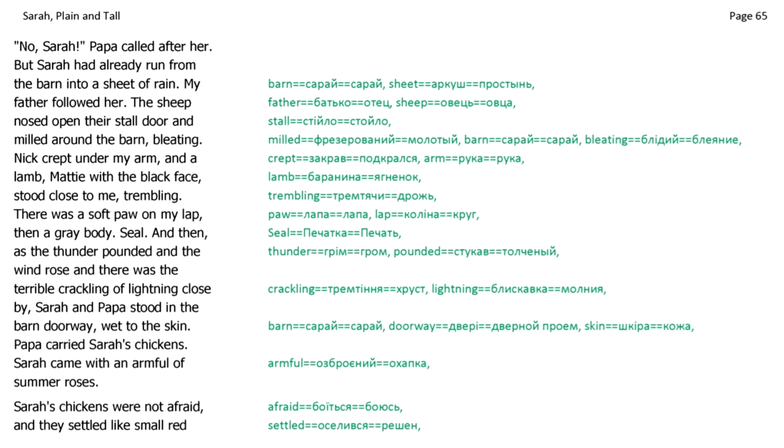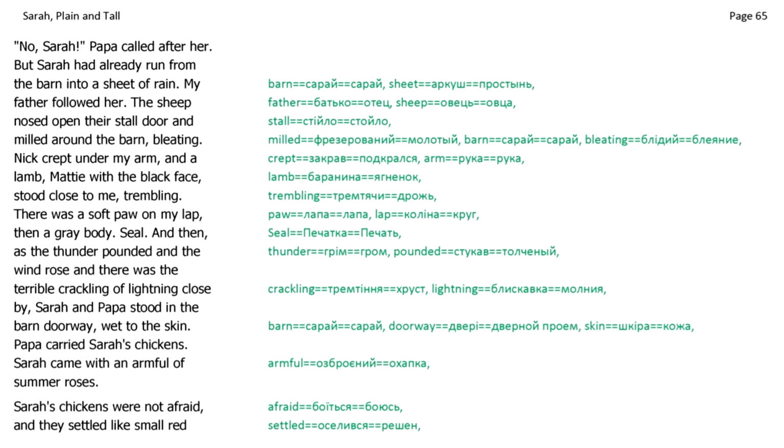There was a soft paw on my lap, and then a gray body. Seal. And then, as the thunder pounded and the wind rose, and there was a terrible crackling of lightning close by, Sara and Papa stood in the barn doorway, wet to the skin. Papa carried Sara's chickens. Sara came with an armful of summer roses.